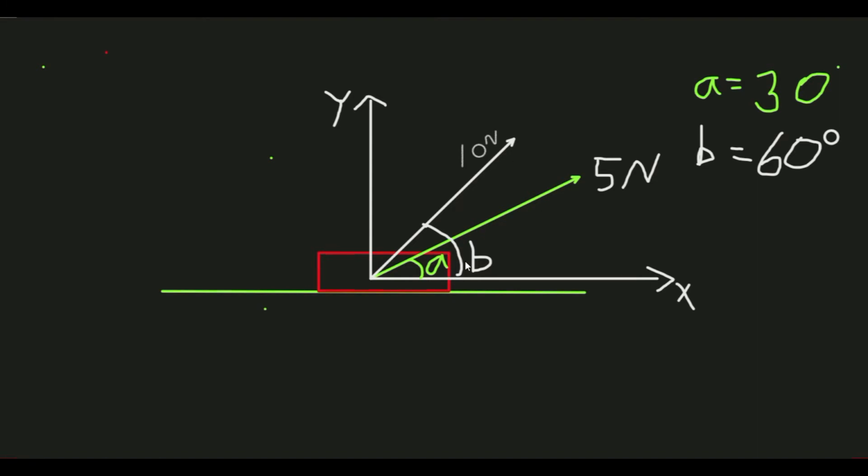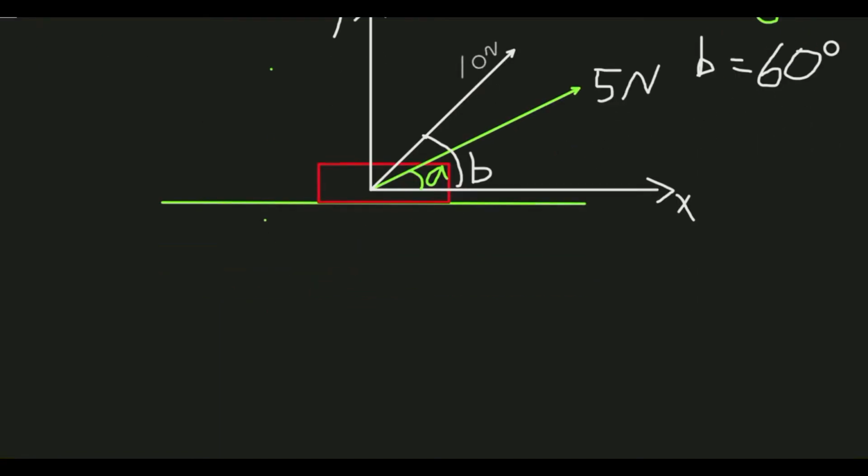So basically, to find out the resultant force in such a situation, we need to distribute them into their very basic components. If I ignore this 10 Newton force completely and think of the 5 Newton, how do we distribute the components?